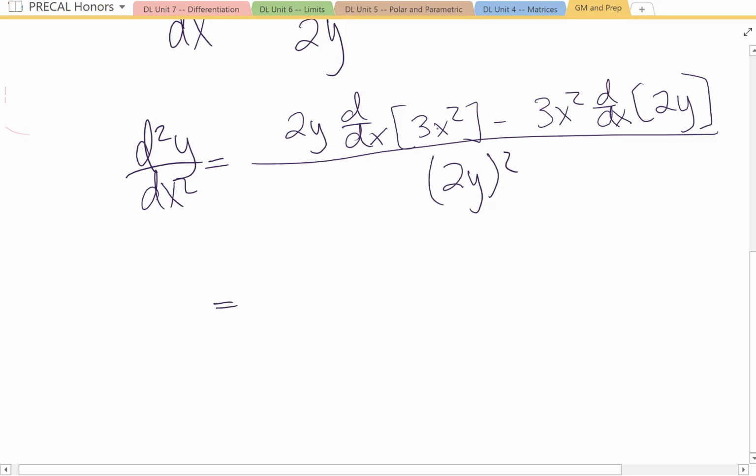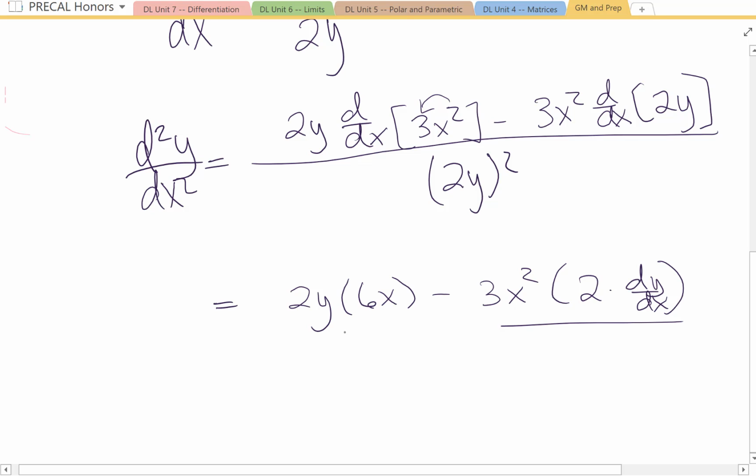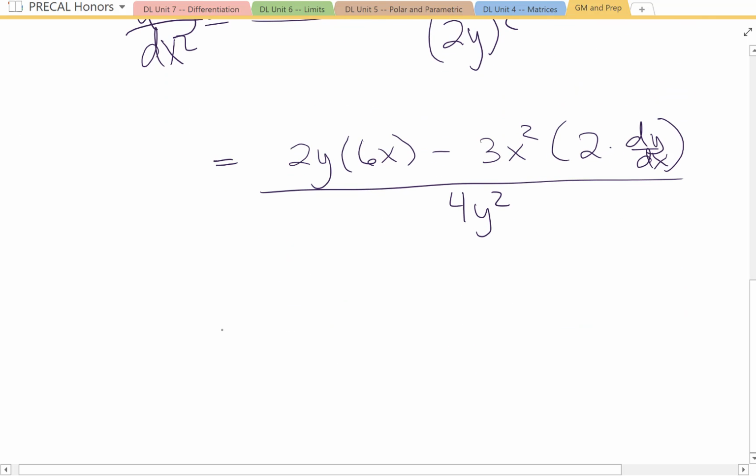The derivative of 3x squared is 6x, so you have 2y times 6x minus 3x squared times the derivative of 2y, which is 2 times dy/dx. 2y quantity squared is 4y squared. 6x times 2y is 12xy.